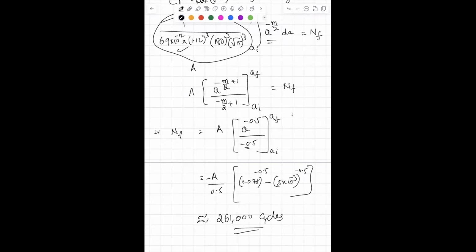3176.54. Are you taking 180 or 180 MPa? Are you taking them in a consistent unit? Yes, sir. I think 180. Yes, I have taken it wrongly. MPa means Newton per mm square. So MPa into 10 power 6 Newton per meter square is what you need to take. Right?